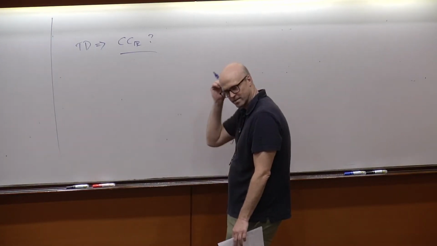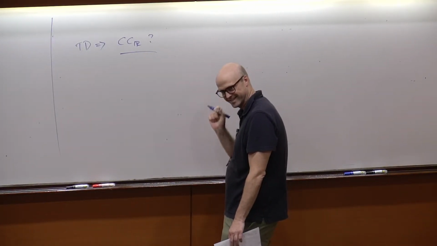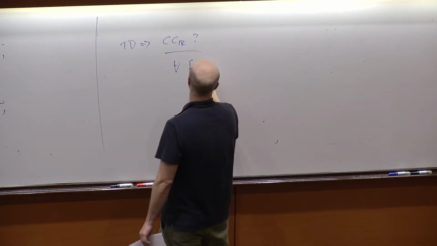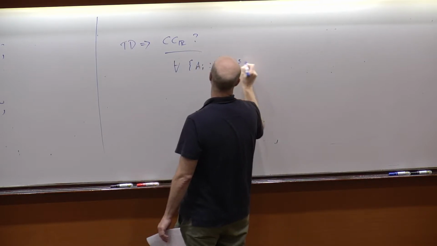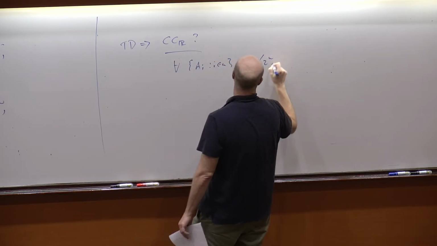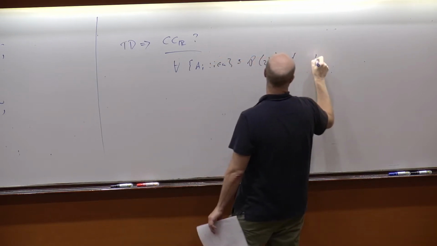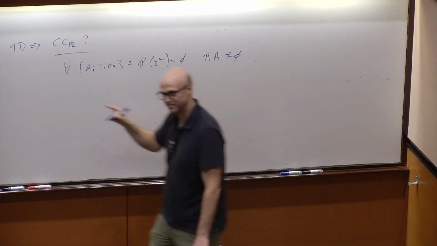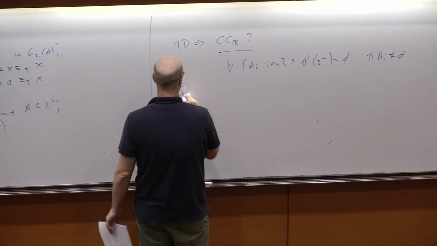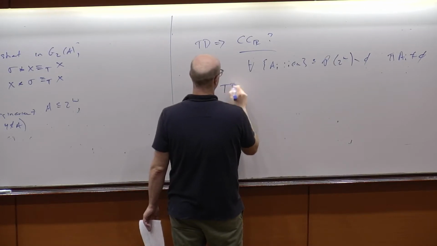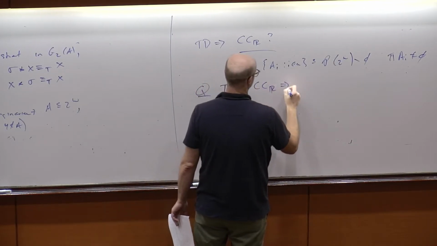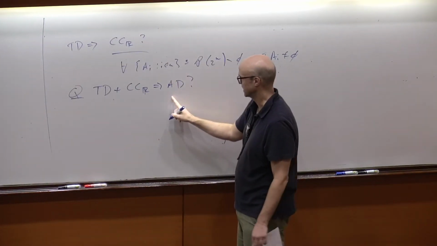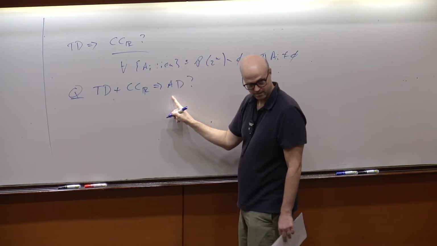Does it imply that if I have a countable set of non-empty sets of reals, then the product of the A_i is non-empty? So maybe the conjecture is supposed to have something like this in it. The question is, does Turing determinacy plus CCR imply AD? AD of course implies CCR for sure.